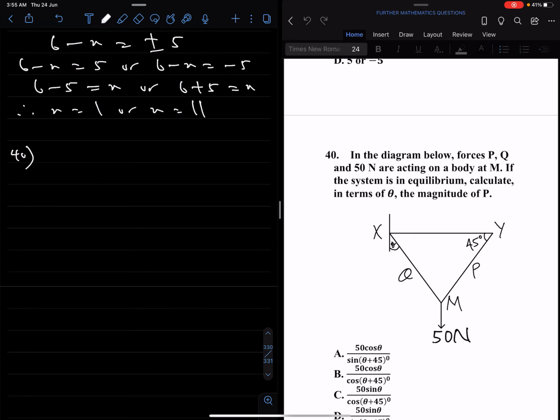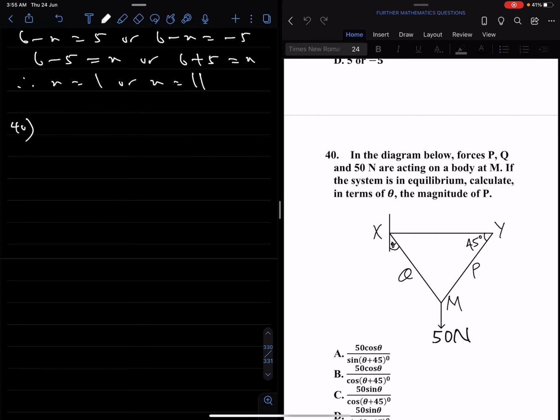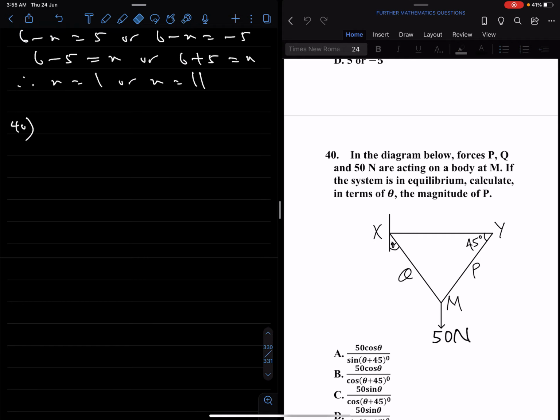Number 40. In the diagram below, forces P, Q and 50 newtons are acting on a body at M. If the system is in equilibrium, calculate in terms of theta the magnitude of P. I think this is simple. No, this is a diagram.